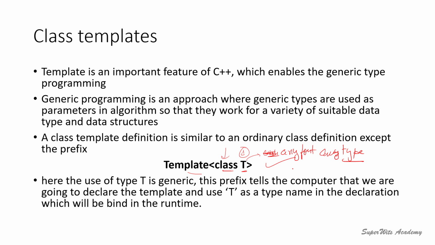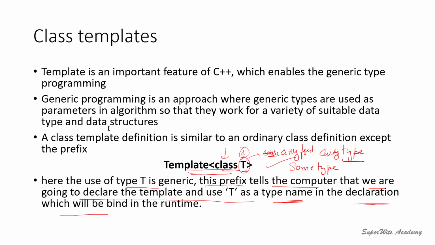So it's up to us. We can also give it as some type. This T is user defined. You can change its name. The only thing is that your template is to be put with the class. So here the use of the type T is generic. This prefix tells the computer that we are going to declare the template and use T as a type name in the declaration, which can be bound at runtime.